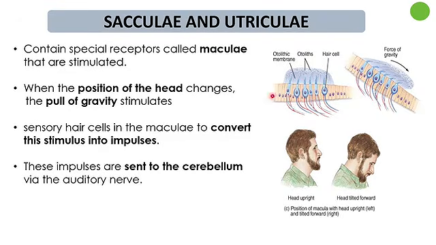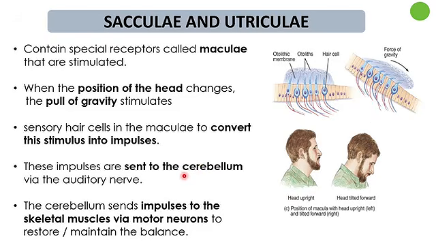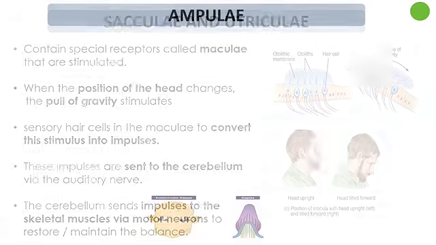It sends the impulse to the cerebellum of the brain. So your cerebellum plays a role in balance. Then the cerebellum will send impulses to our skeletal muscles, and our skeletal muscles will help us to maintain balance.